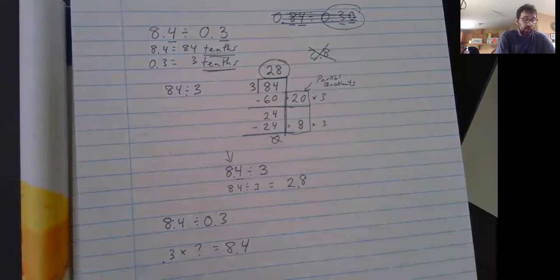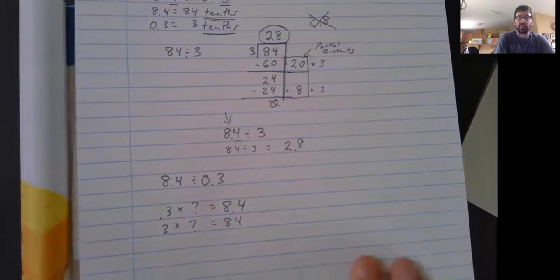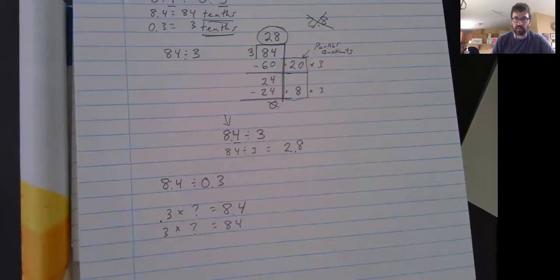Cool. Again, then I can look at it as 3 times what equals 84. Now this doesn't work as easily because it's not like it's a fact family and super easy to work with, but again, it can help me sometimes understand as I think about it using the related multiplication facts of it.